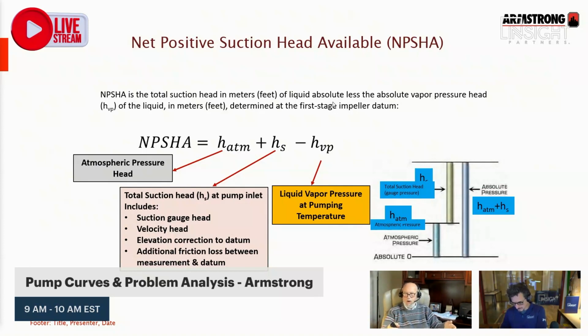That's your atmospheric pressure head, plus your total suction head, minus the liquid vapor pressure at pumping temperature. I've had way too many guys not look at the vapor pressure of water. If you're designing a condenser water system and don't take into consideration that the water is 85 degrees, it'll come back and bite you.